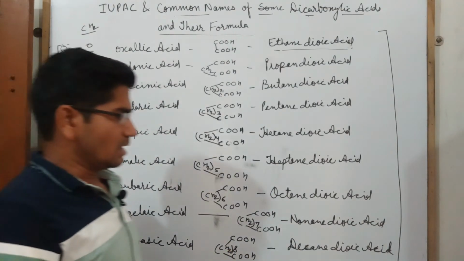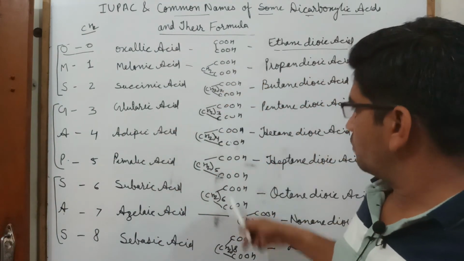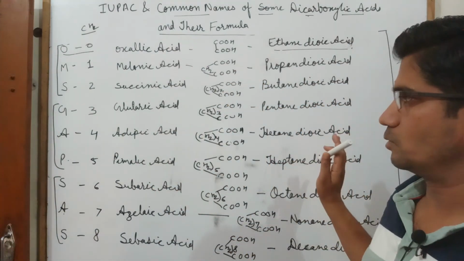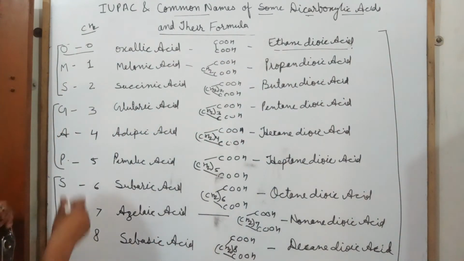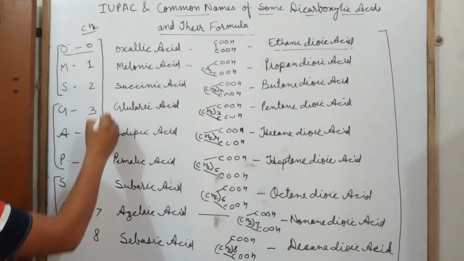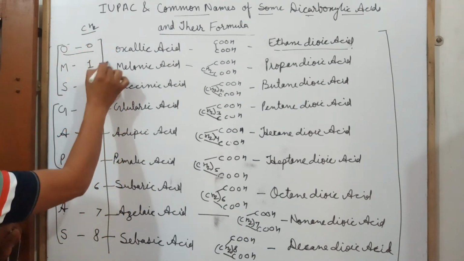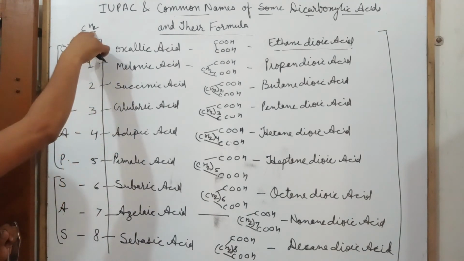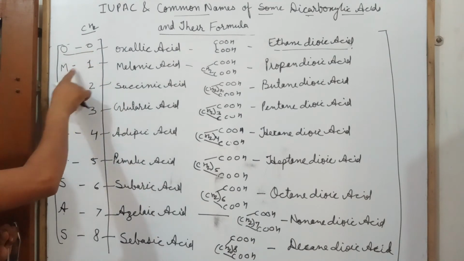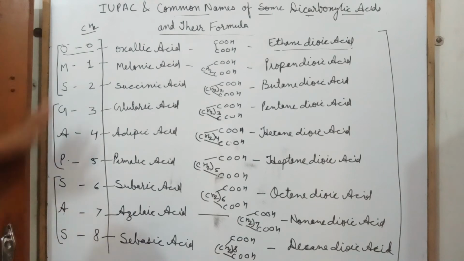So guys, you can learn all these common names, chemical formulas, and IUPAC names also. The important point is this table. Oxalic means 0 CH2, malonic means 1, succinic means 2. You can learn these in sequence, Ohm's gap SAS.